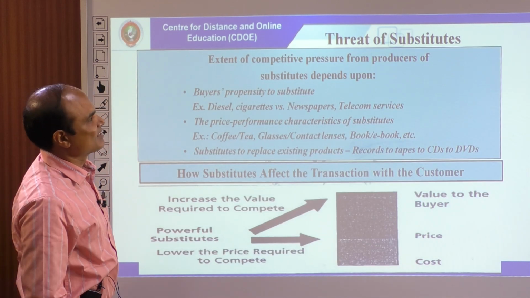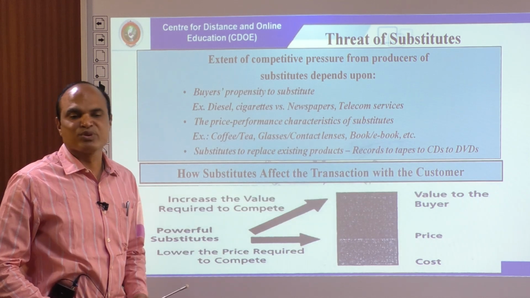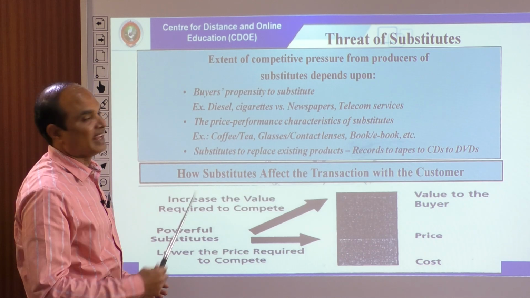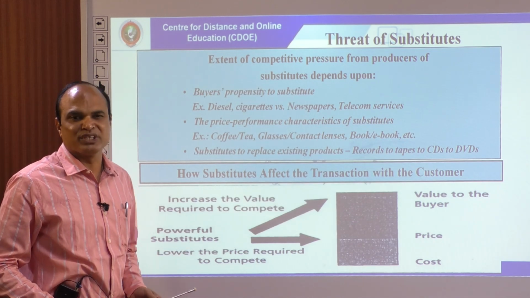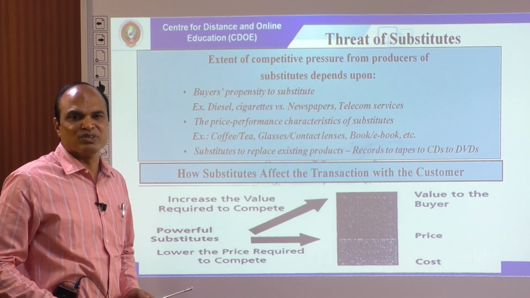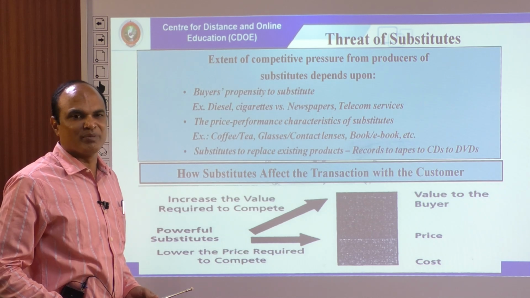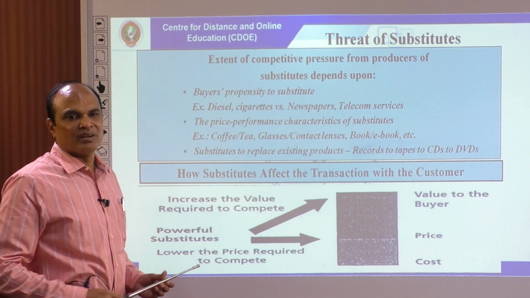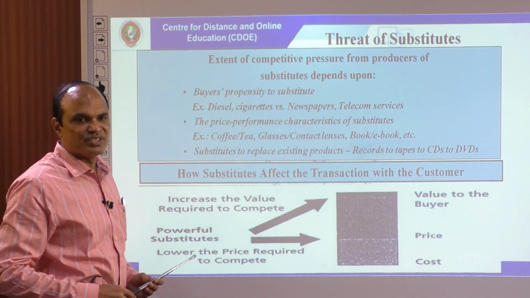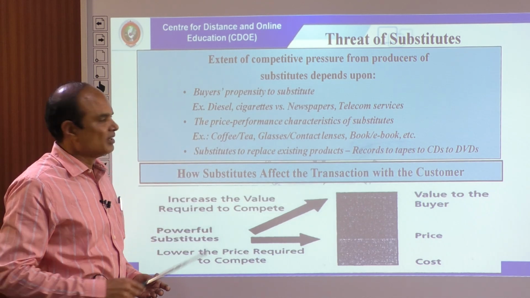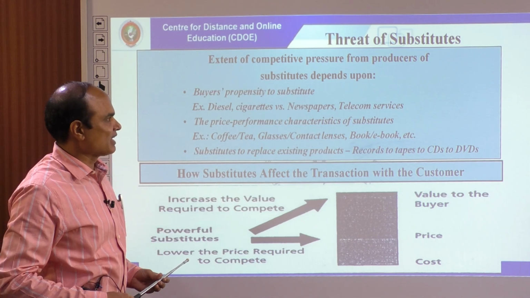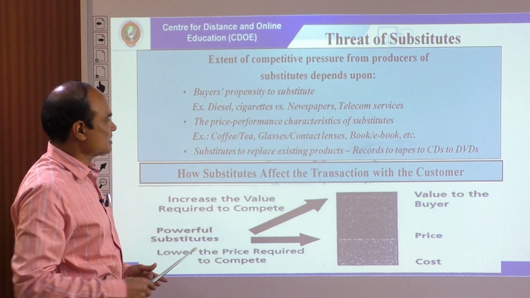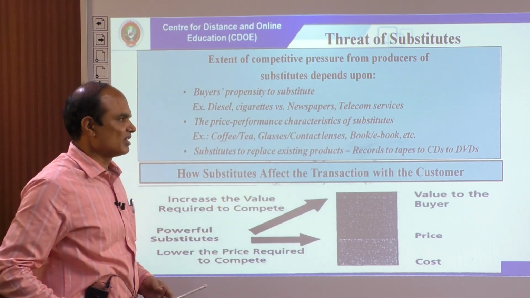Now let us understand the threat of substitutes. This is the extent of competitive pressure coming from producers of substitutes, and it depends basically on three things: the buyers' propensity to substitute, the price-performance characteristics of substitutes, and substitutes replacing existing products.